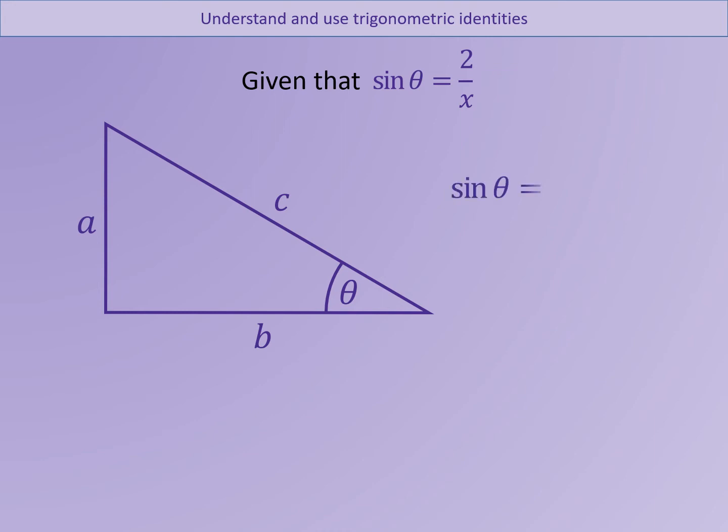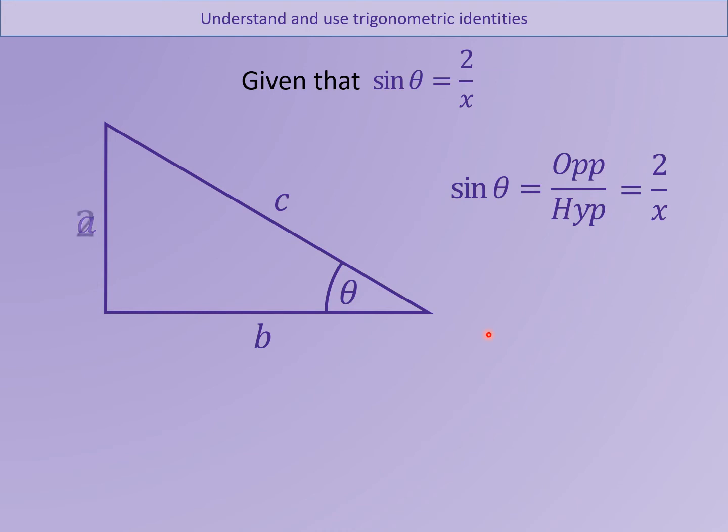Well, first of all, I can replace my opposite side of my triangle with 2, and I can replace my hypotenuse in my right angle triangle with x, and that's coming straight from the SOHCAHTOA work that you learnt at school.